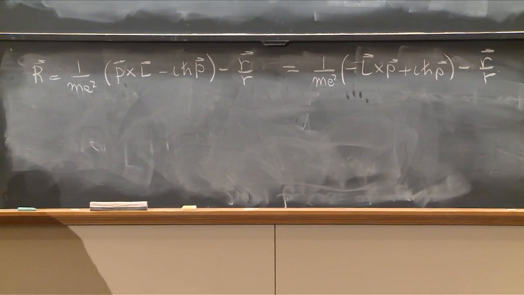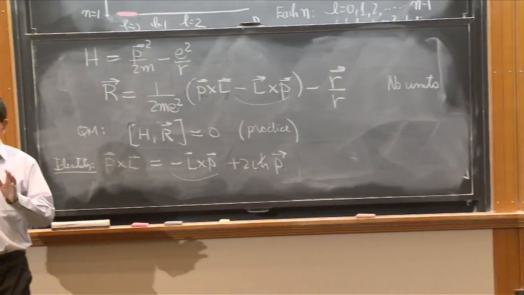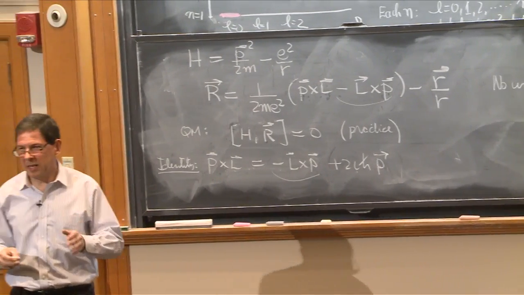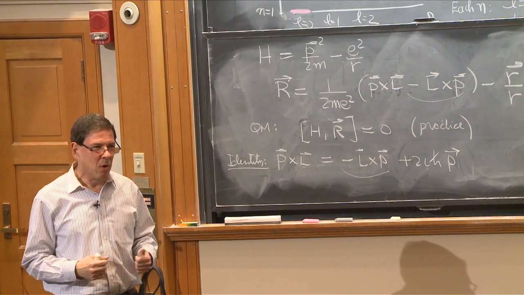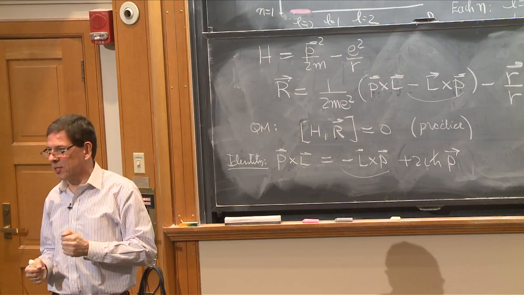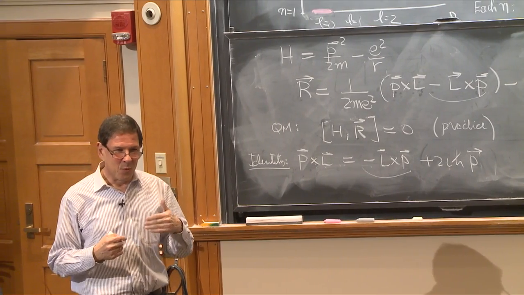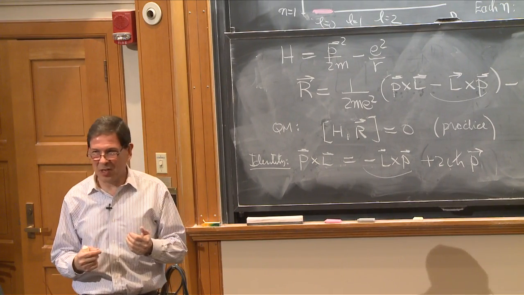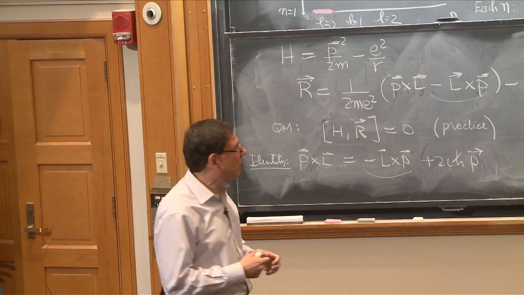Now, R, we need to understand R better. That's really the challenge of this whole derivation. So we have one thing that is conserved. Angular momentum is conserved. It commutes with the Hamiltonian. We have another thing that is conserved, this R. But we have to understand better what it is.